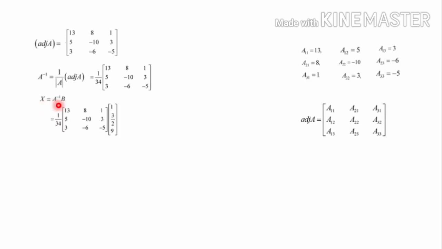A inverse is 1 by 34 into the matrix 13, 8, 1, 5, minus 10, 3, 3, minus 6, minus 5, into B. B is our constant matrix, a column matrix, which we have already written: 1, 3 by 2, 9.